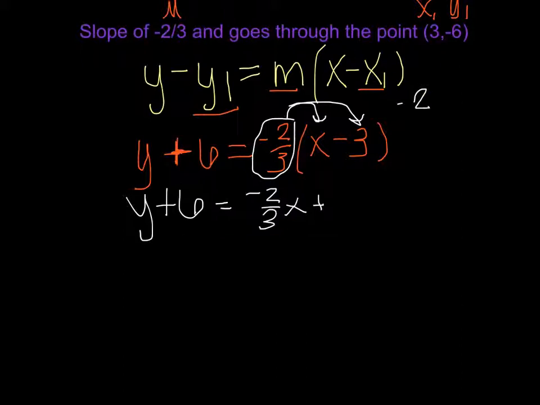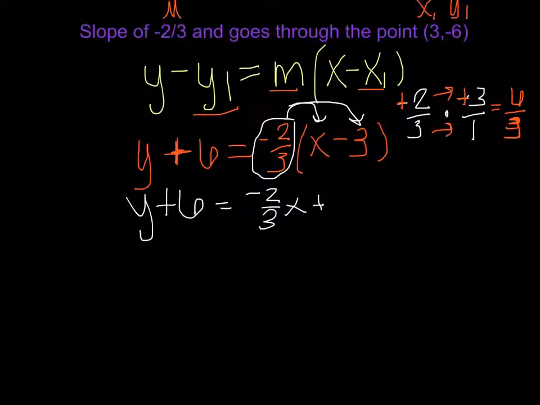Negative 2/3 times negative 3. To make any whole number a fraction, we put it over 1. Then to multiply fractions together, we multiply straight across. We already said that a negative times a negative gives us a positive. Then we can just multiply numbers. 2 times 3 is 6. 3 times 1 is 3. 6 divided by 3 is 2.